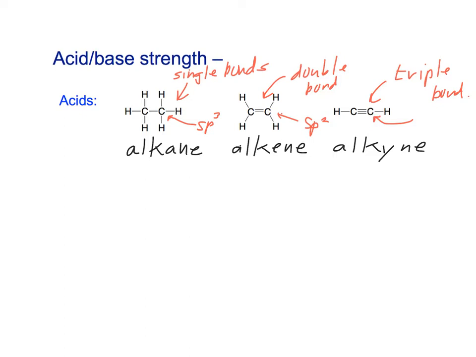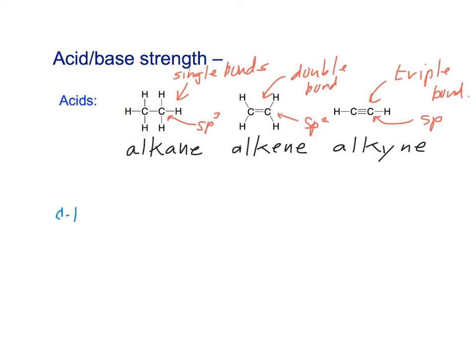The alkyne has 2 zones of electron density, and so this is sp hybridized. So the hybridization of those carbons also changes. So we did learn something in Chapter 1 that had to do with bond strength and hybridization.